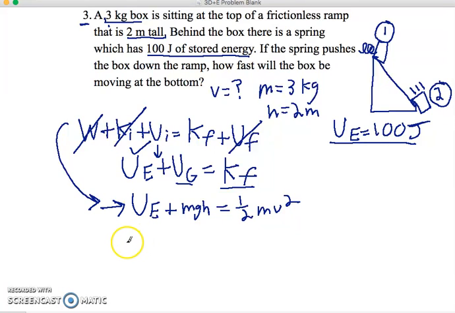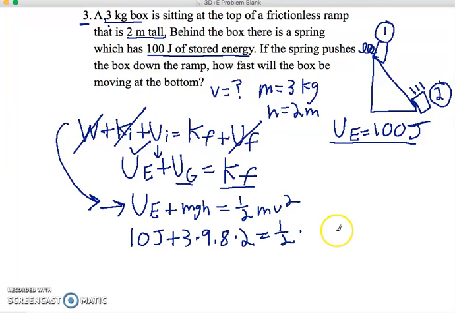So what we have is UE, that's 100 joules, plus the mass, 3, times the acceleration due to gravity, we'd assume this is on Earth, 9.8, times the height, 2. It's equal to 1/2 times the mass, again 3, times the velocity squared. We don't know that. We're trying to solve for velocity.